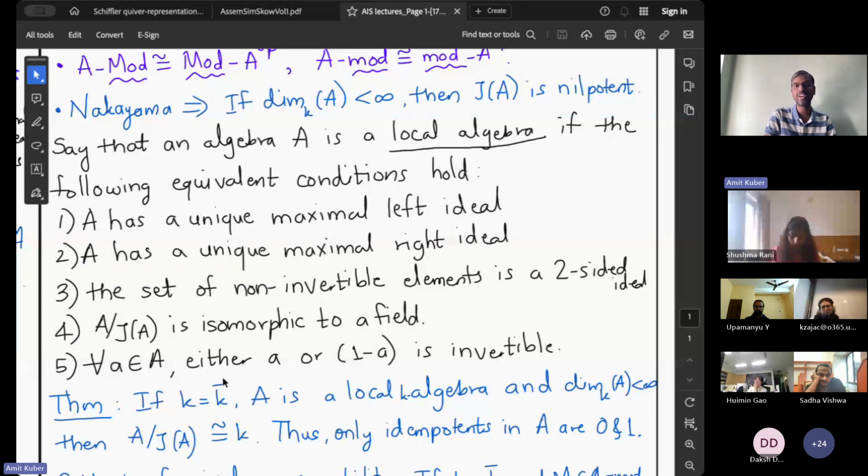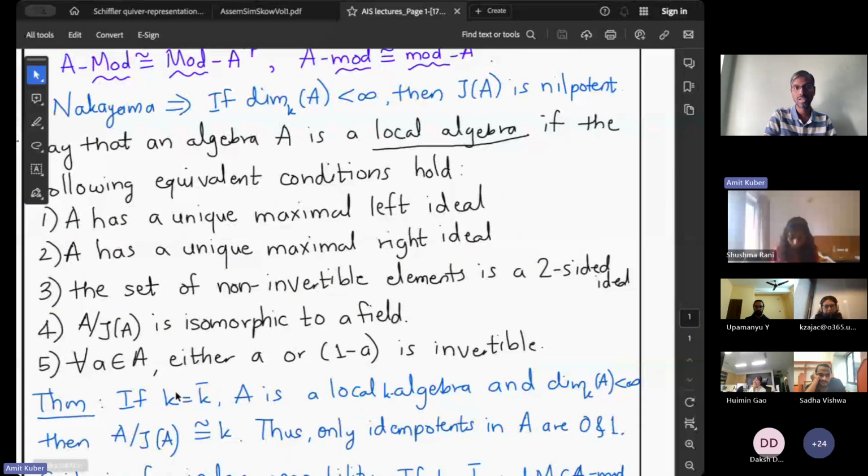However, if our field is algebraically closed and A is a local K algebra and a finite dimensional algebra, then A mod JA, which was just isomorphic to a field, that field has to be K. It can't be anything else. Here we have to use that the field is algebraically closed. Without that assumption, we cannot get the conclusion.